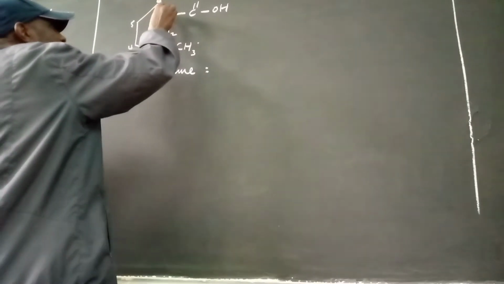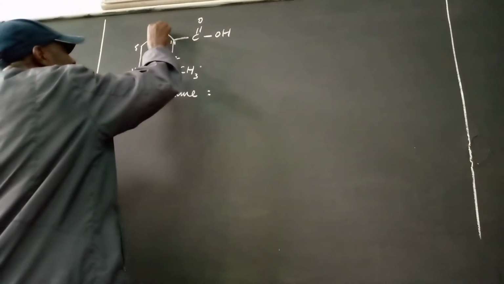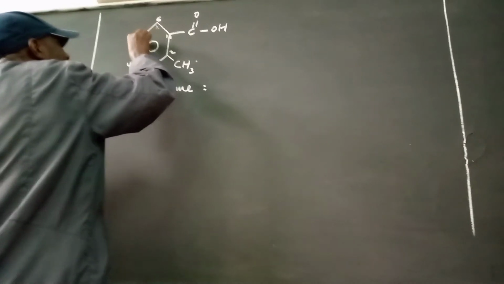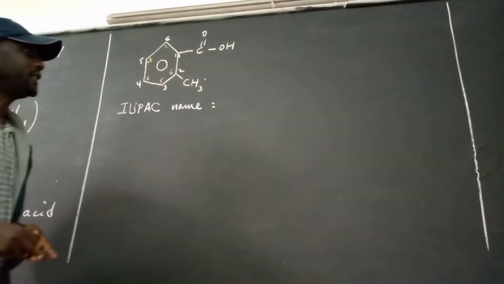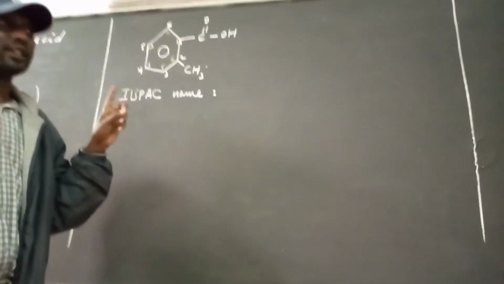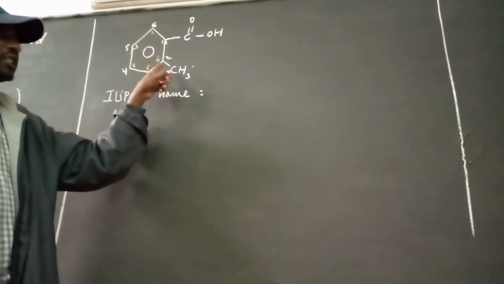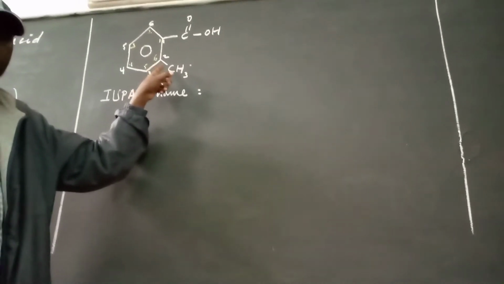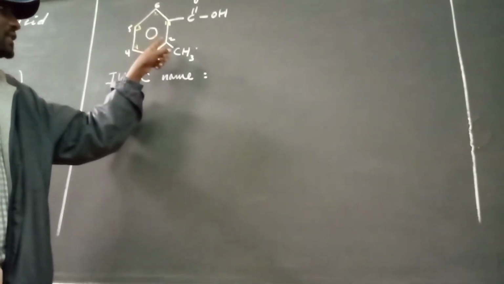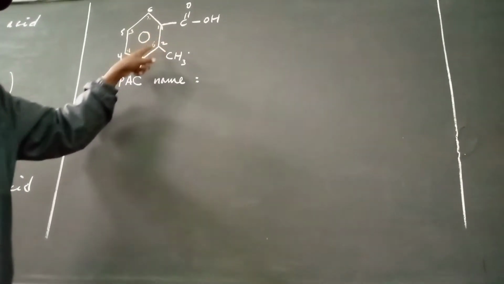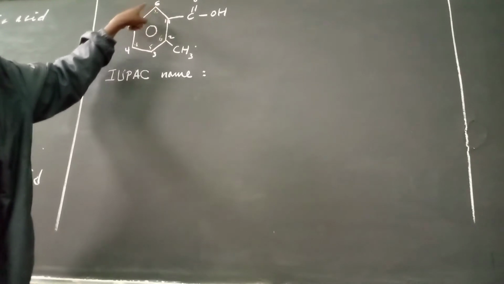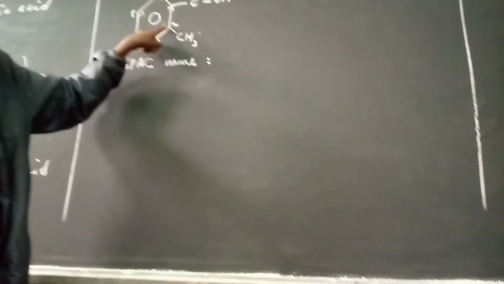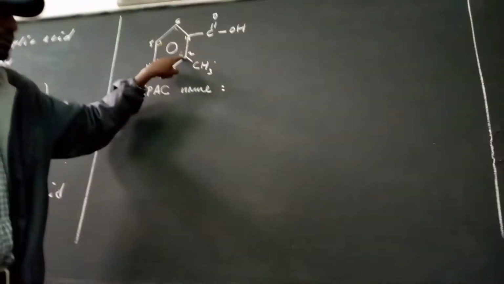The other possibility is again the first carbon, the second, the third, fourth, fifth, sixth. Now the correct numbering is the one which gives the smallest number for the substituent. The smallest number is when we number in the clockwise direction. In counter-clockwise, the substituent becomes on the 6th carbon.